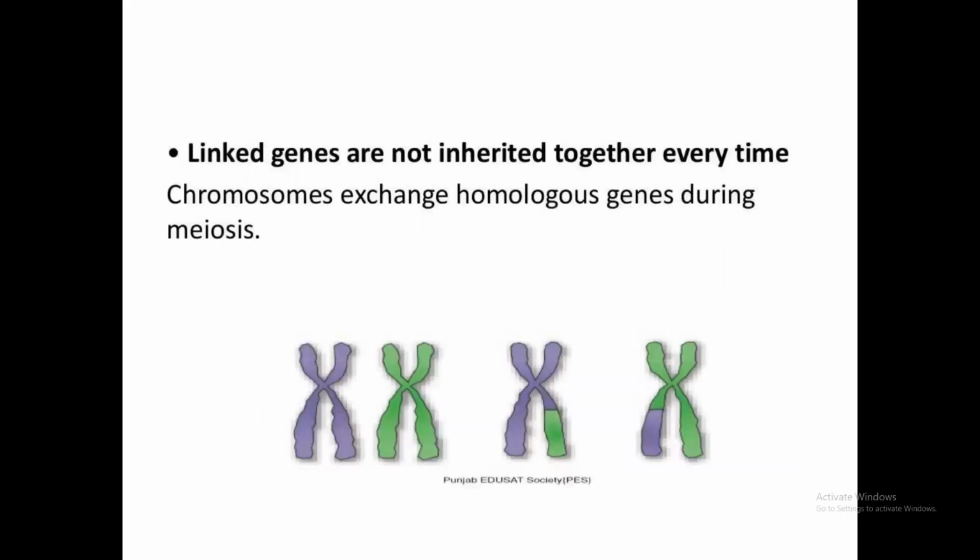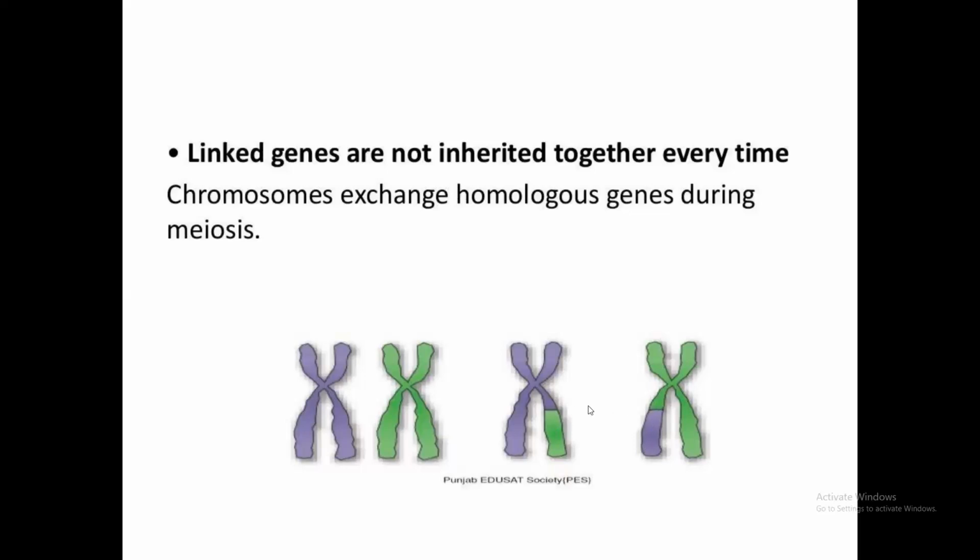Linked genes are not inherited together every time. Chromosomes exchange homologous genes in meiosis. Just now we discussed in the first slide, whatever genes are present on a single chromosome are called linked genes. But sometimes there is a possibility of crossing over. Here we have taken a purple chromosome and a green chromosome. But see, this part has become green here and this part has become purple here.